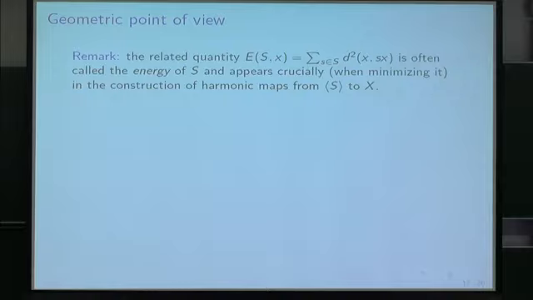So usually people don't minimize this one, but they minimize the L2 version of it. So instead of taking the max norm over S, I take the sum over S of the square of the displacement, and people call this the energy. And when you minimize the energy, you get a harmonic map. So this is just a remark.